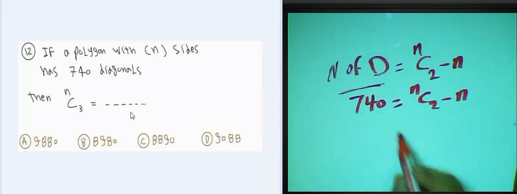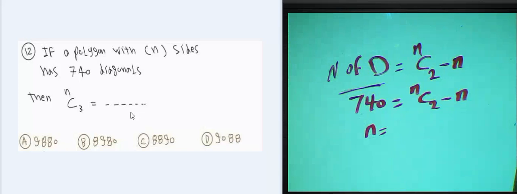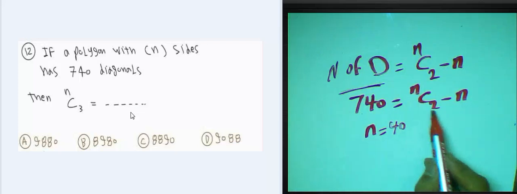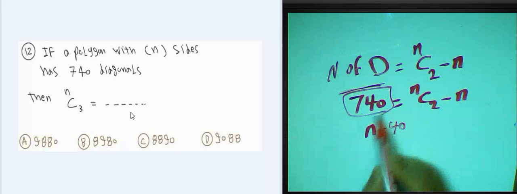You can use a calculator to find n. It will be 40, because 40 combination 2 minus 40 equals 740.